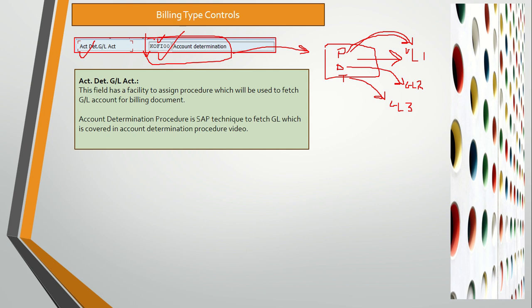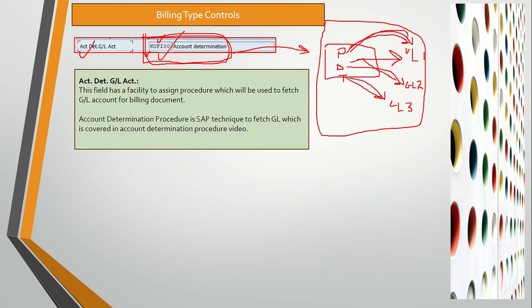The system knows by this technique, the account determination technique. This is SAP's unique technique through which it automatically knows that in this invoice, price will go to GL1, discount to GL2, and tax to GL3. So that's why I said this is a different topic which we will cover in another video.